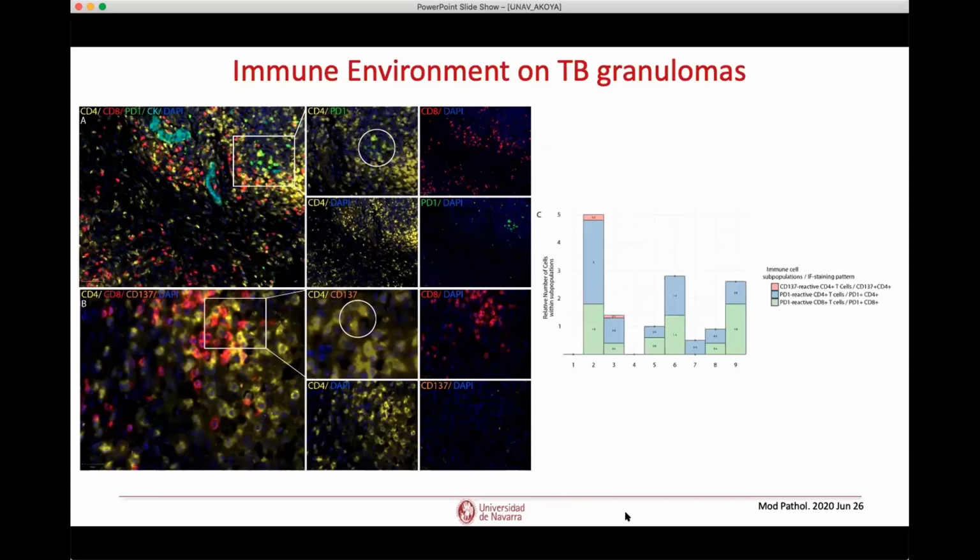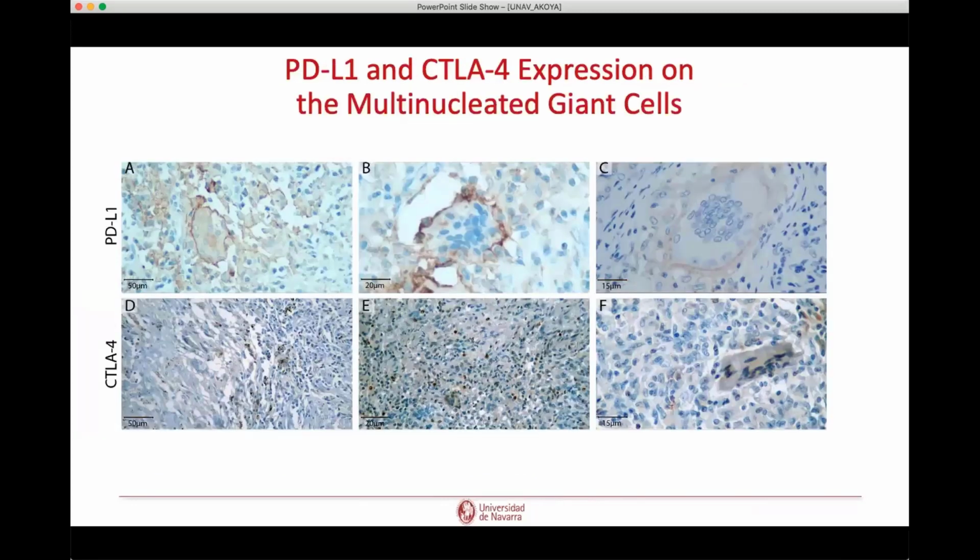What we found was that indeed you see some reactive cells, but they are a very small population among the CD4 cells or the CD8 cells.